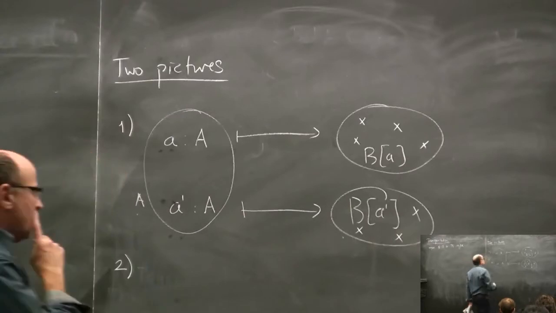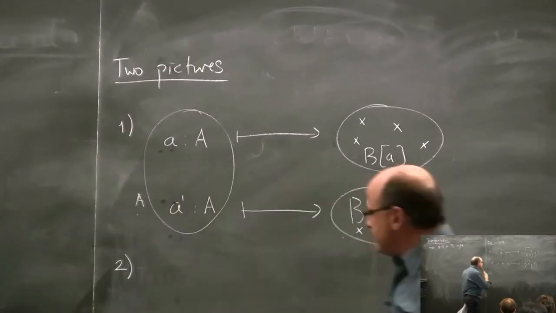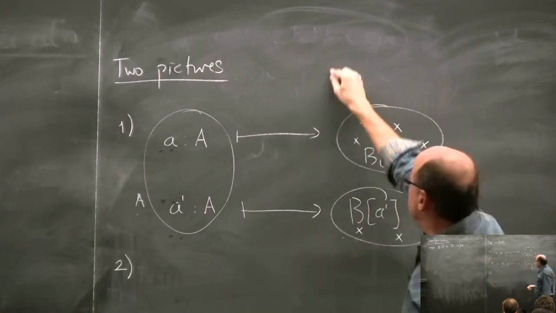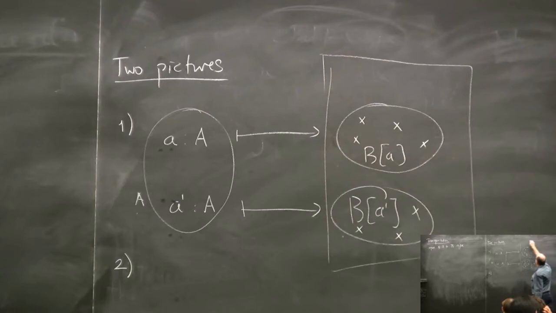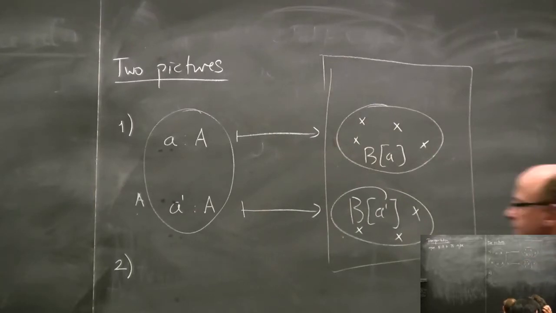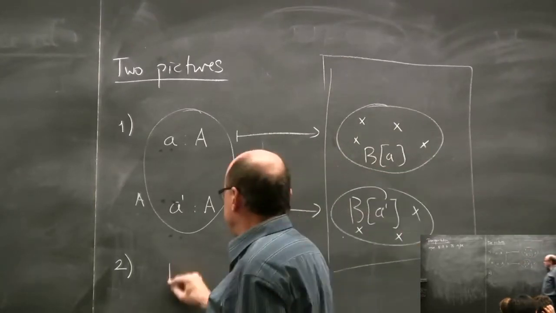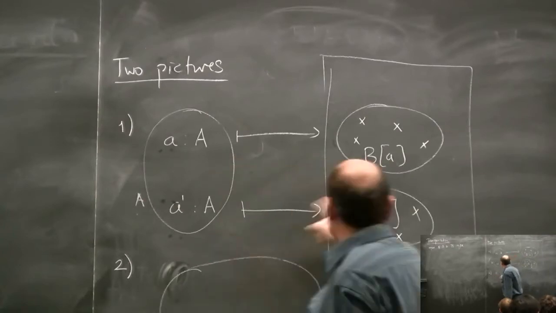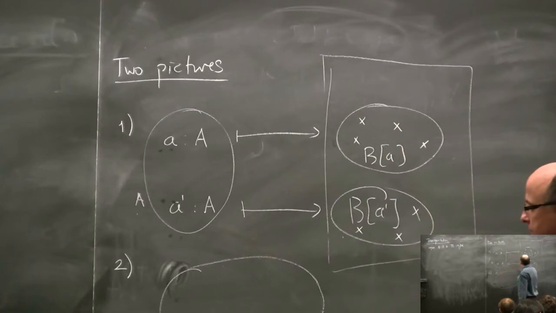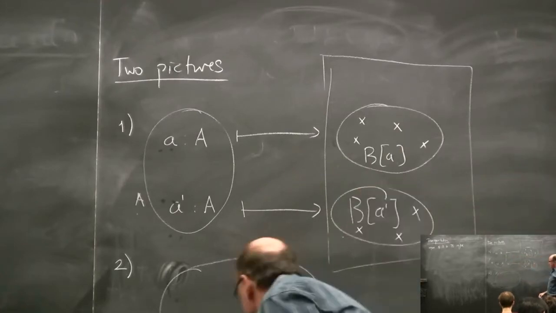For a lot of things, that's the natural way to do it. Another way to imagine it is that what you think of first is a big disjoint union of all of those guys, which I'll just call B. So I'll draw it like this. This will be my big disjoint union. So this box thing comes down to here.